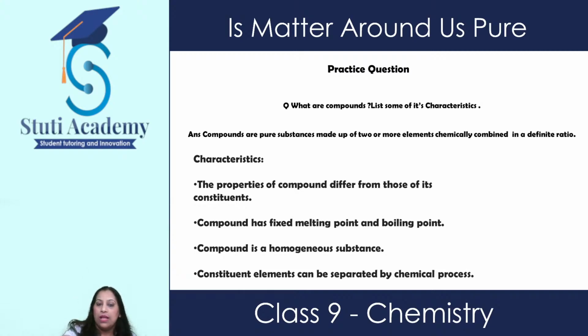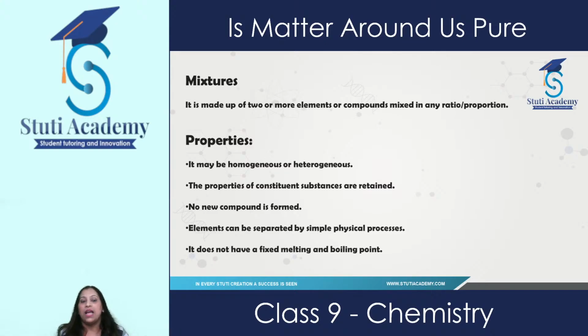Now, today I'll start with mixtures. As I told you, a mixture is also known as an impure substance, because when we are making a mixture, there is no fixed ratio. Unlike compounds, they do not have any particular ratio. Whatever elements or compounds combine together to form a mixture, they are mixed in any ratio or proportion.